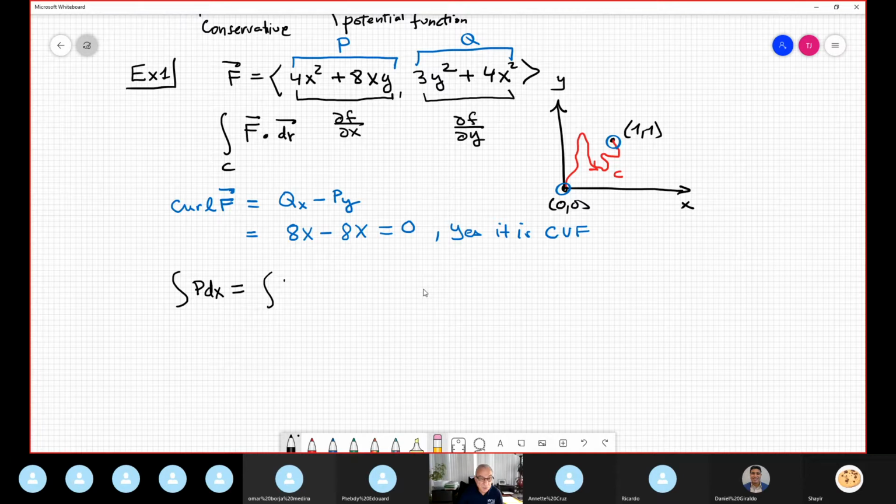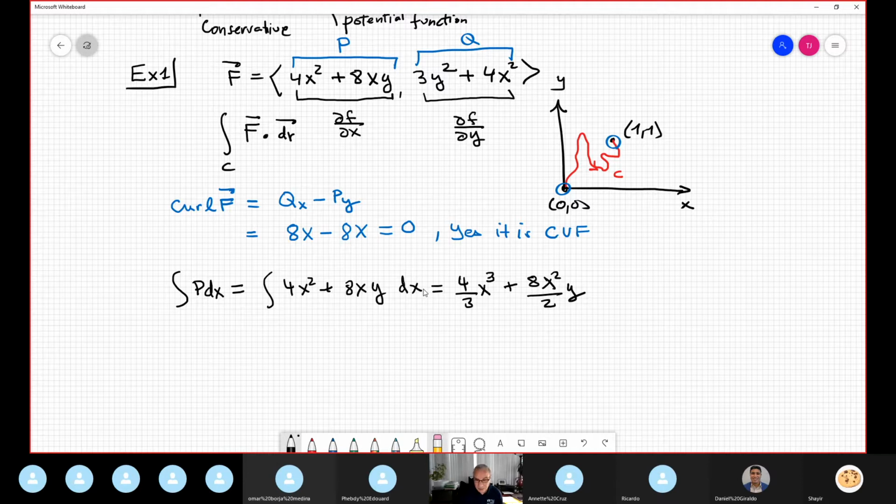So I just copy. The derivative P, who's P? 4x squared plus 4xy, with respect to x. And you consider that y is a constant. So this is 4/3 x cubed, because you're increasing the power by the power rule, plus 4, x is x squared over 2, and y stays the same, plus something.